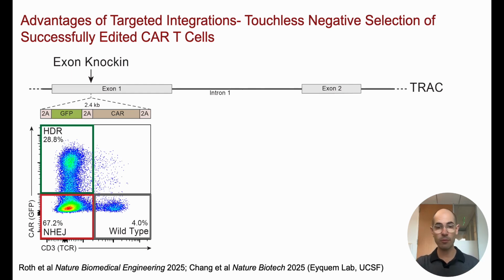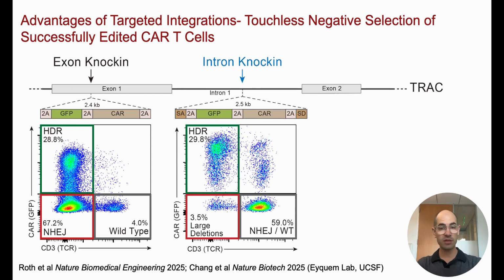And just to highlight a recent story that we and Justin Eyquem's lab at UCSF had a similar story this year around, showing how you can actually create advantages in how you select for cells just by choosing a different site to integrate.